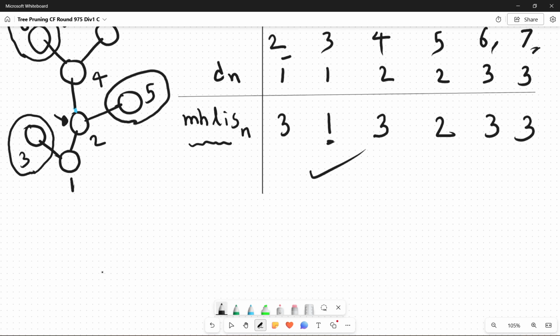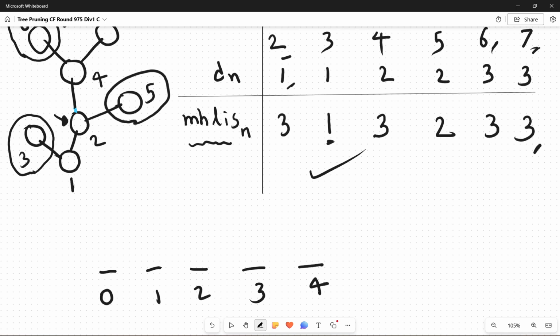What is the maximum value here? 3. So we want to calculate our delta encoding till the fourth depth. Okay, so 4, 3, 2, 1, and let's start.